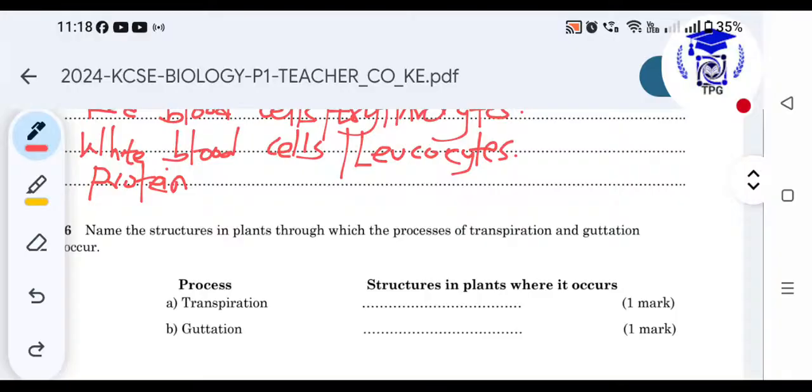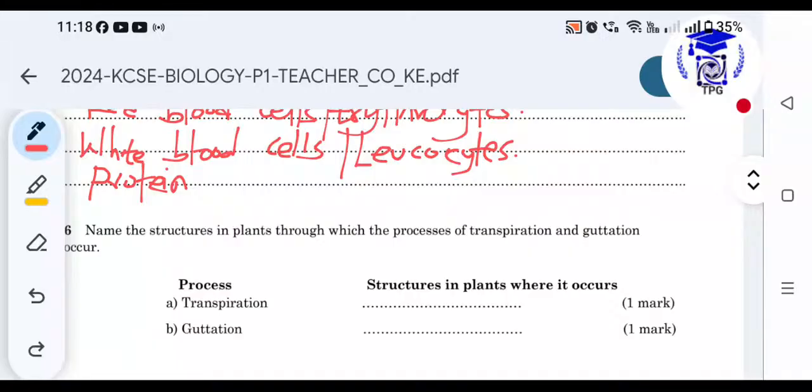So the next question is, name the structures in plants through which the processes of transpiration and guttation occur. Good question. Transpiration is the process by which plants lose excess water in the form of water vapor.